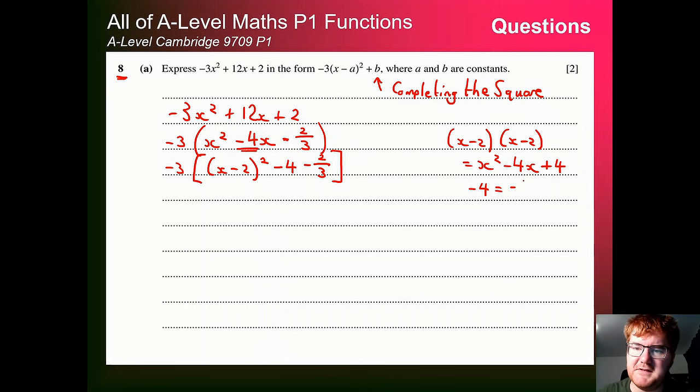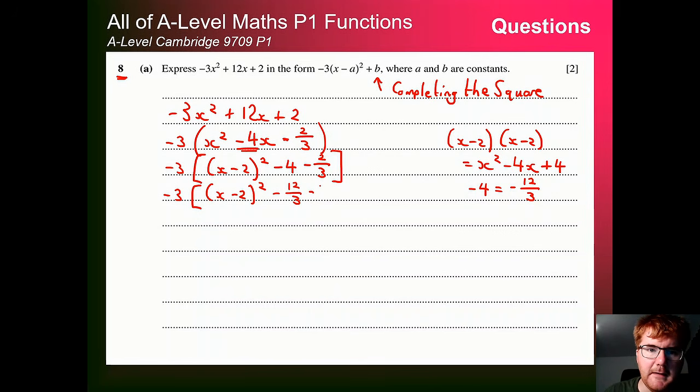Minus 4 is the same as minus 12 over 3 to get that common denominator, which is important. So we get x minus 2 all squared minus 12 over 3 minus 2 over 3. Careful with negatives again. Remember, if you're minusing those fractions, that's going to give you minus 14 over 3.